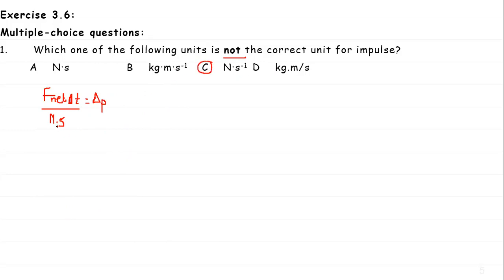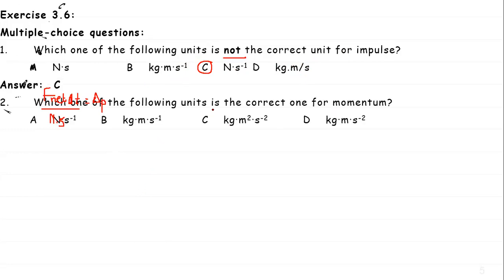Because we know the SI unit must be newton second and not newton per second. Then you go to D, kilograms dot meter per second. So remember, the stroke there means the second, it's still a denominator. So if you brought it upward, it would be second exponent -1. So the unit for B and D, it's actually the same. Are we together? Now, let us go to question number 2.